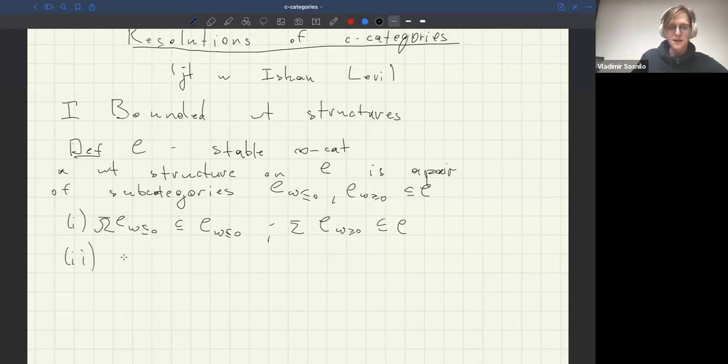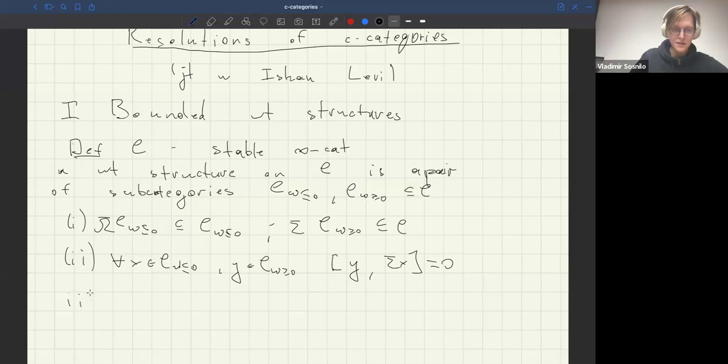Second axiom is there is this orthogonality condition that if you take any object in one of these categories and an object from the other one, then the mapping set from y to sigma x is going to be 0.